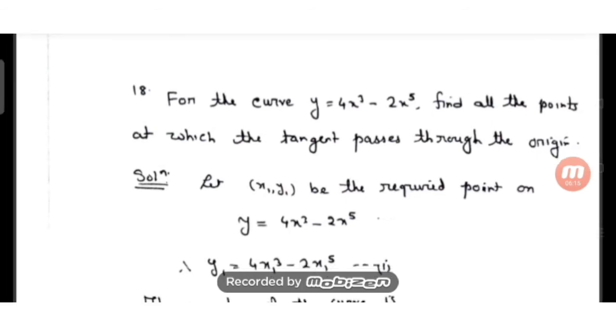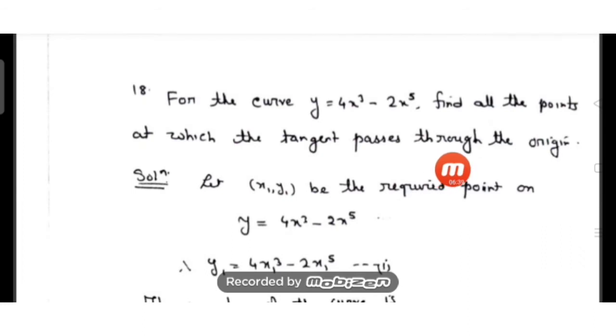So here what is given in the question? The curve is given and your aim is to get all those points at which the tangent passes through the origin. That means when you draw the tangent at those points, the tangent will pass through the origin.